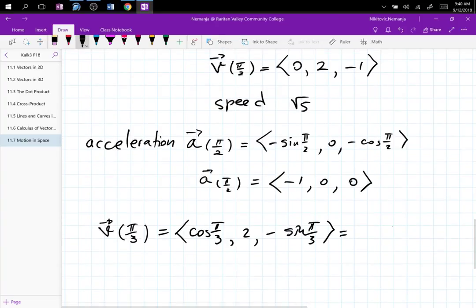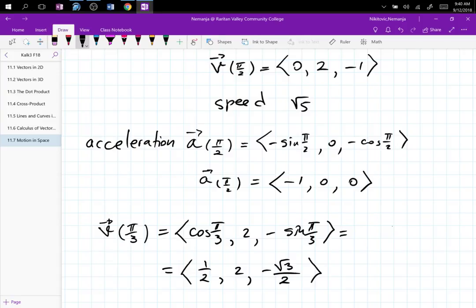So how much is cosine of pi over 3? Cosine of pi over 3 is? 1/2, very good. And 2. And then sine of pi over 3 is? Yes. Negative root 3 over 2. Perfect.